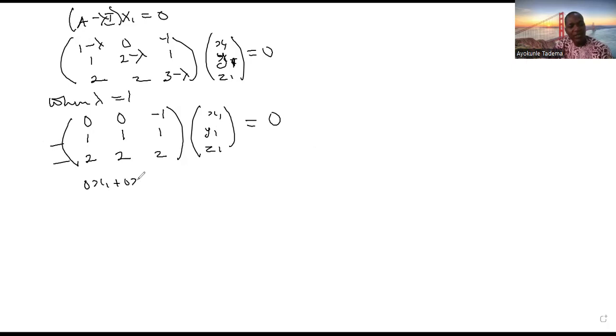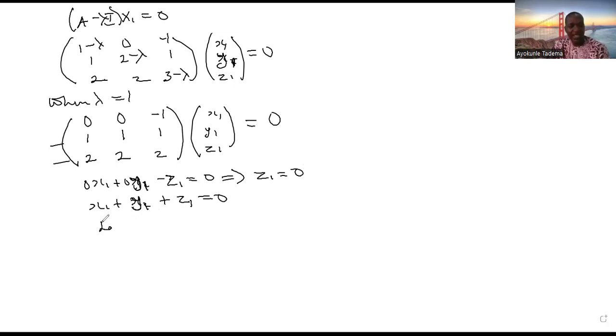Picking 1 and 2, we have 0x1 plus 0y1 minus z1 equals 0, and the other one is x1 plus y1 plus z1 equals 0. From the first one, we see that z1 equals 0. And if z1 equals 0, we can find the others.